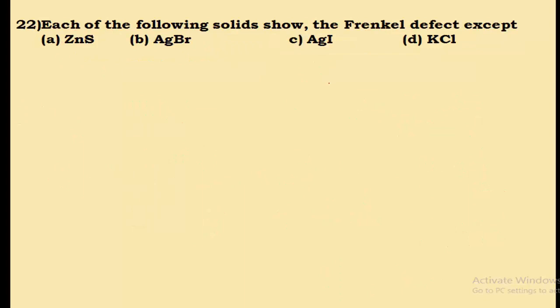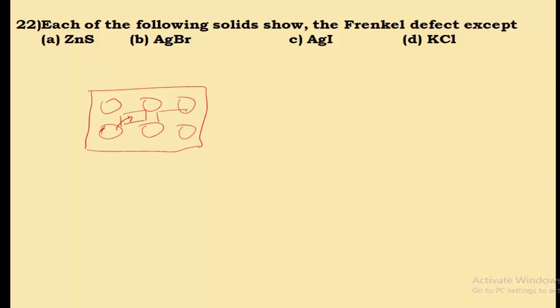Next, 22nd question. Each of the following solids show the Frenkel defect except. So Frenkel defect means what? If I consider a crystal, alternate positive and negative ions are present. Now, if one of the ion or atom or molecule dislocates from its original site to an interstitial site, this is the interstitial site.